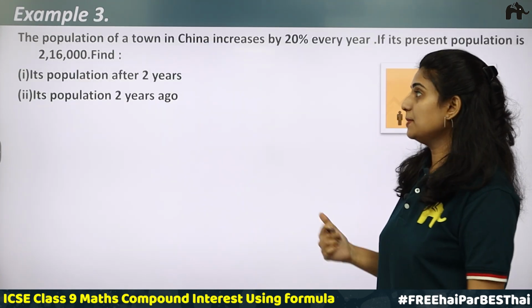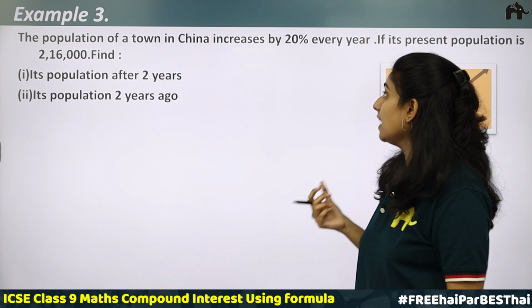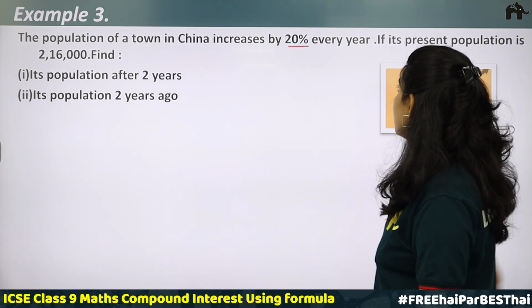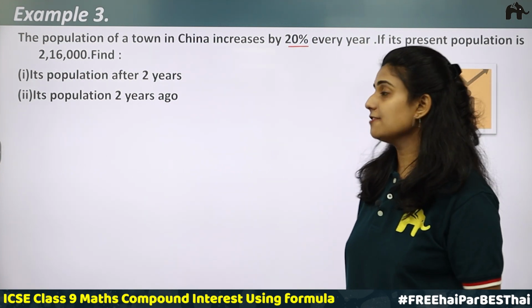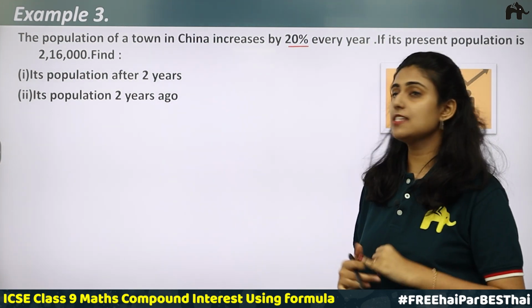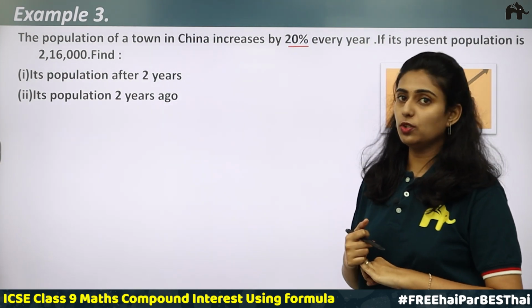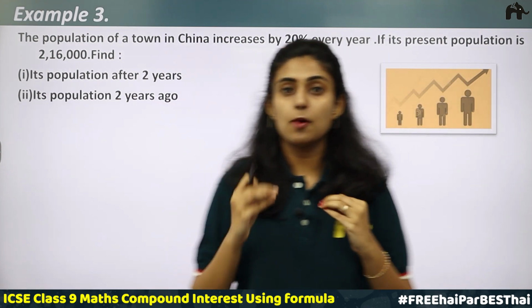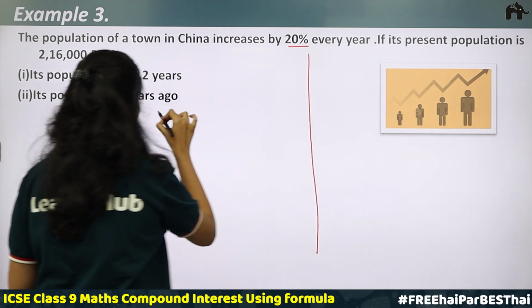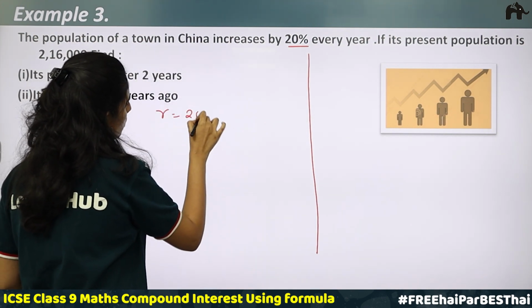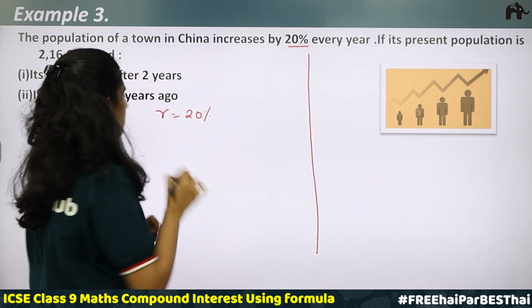Okay. Example 3. The population of a town in China increases by 20% every year. If its present population is 2,16,000, find first its population after 2 years and second its population 2 years ago. So first we will find its population after 2 years. In the question it is given rate is equal to 20%.